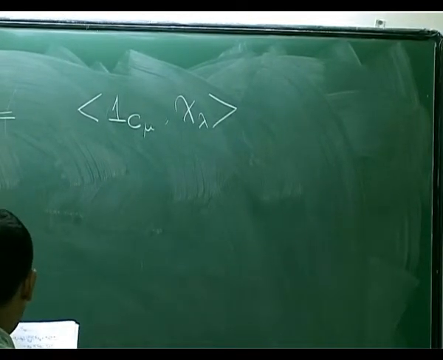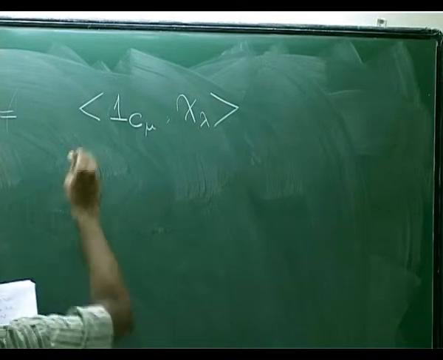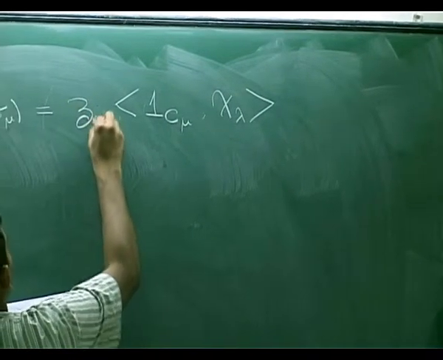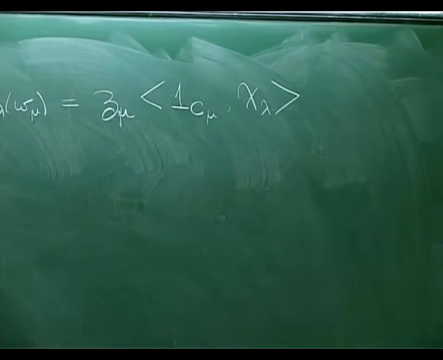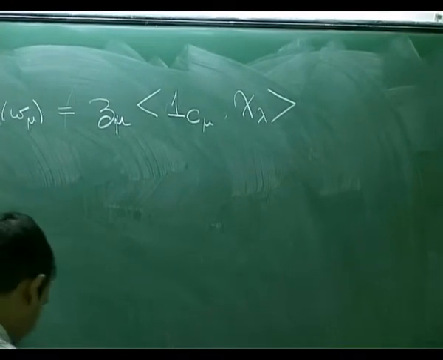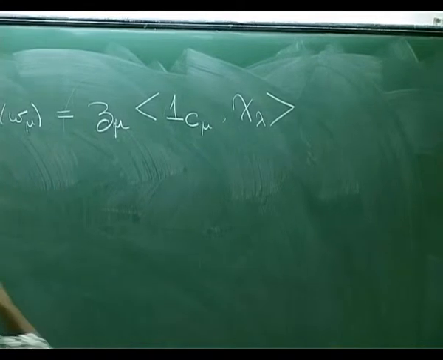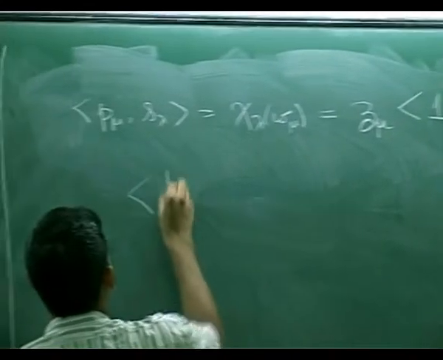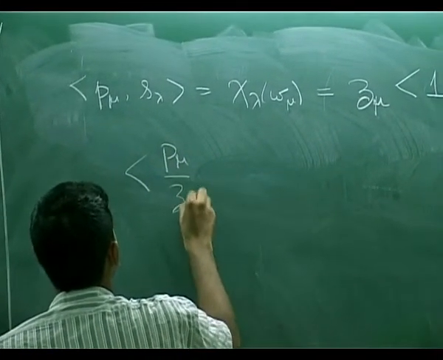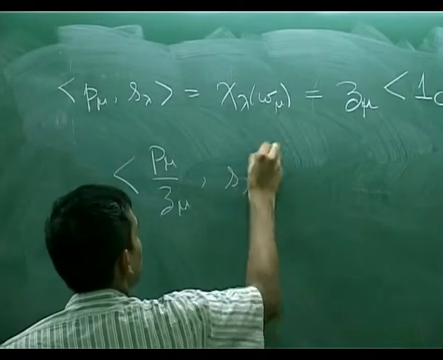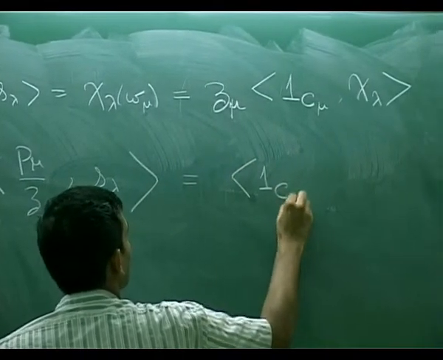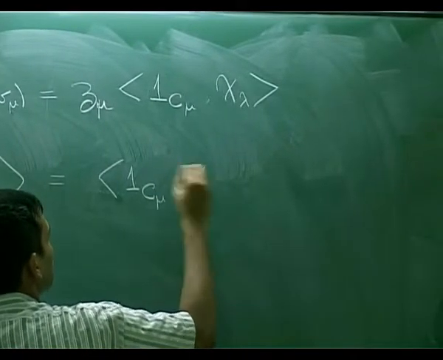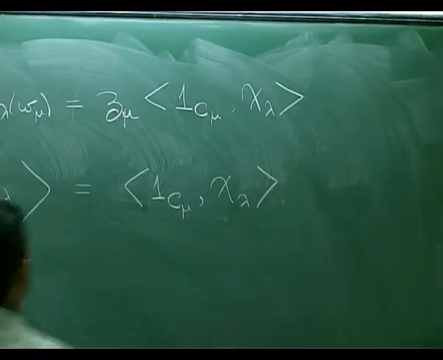So what you get is z_mu times this, right? So you can rewrite that as p_mu over z_mu, s_lambda is equal to the bilinear form of this.